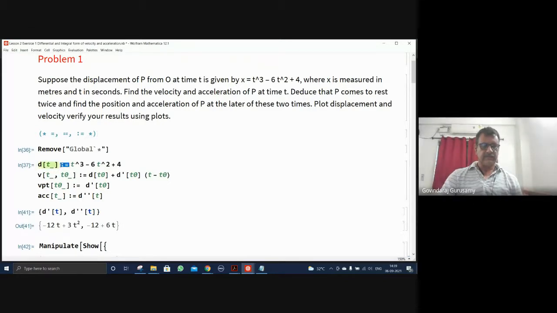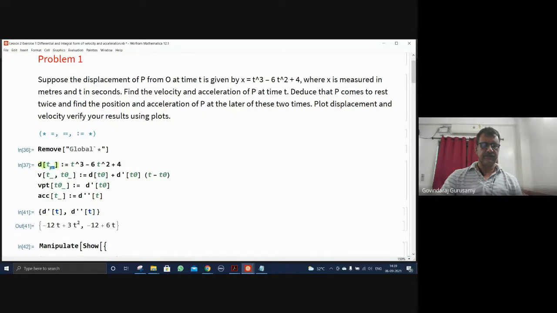When I define like this, it is a delayed equal, and it can be called, which means delay means whenever it is called, this will be evaluated. For example, displacement for a given t, whenever I call d of t, it will be evaluated. When you use this delayed equal, you should use the variable t underscore.